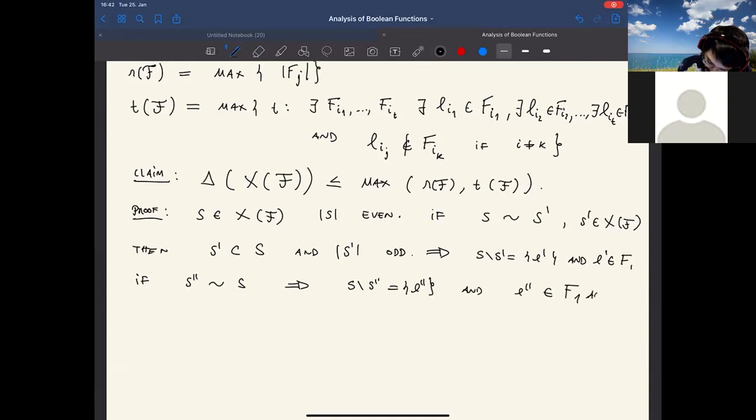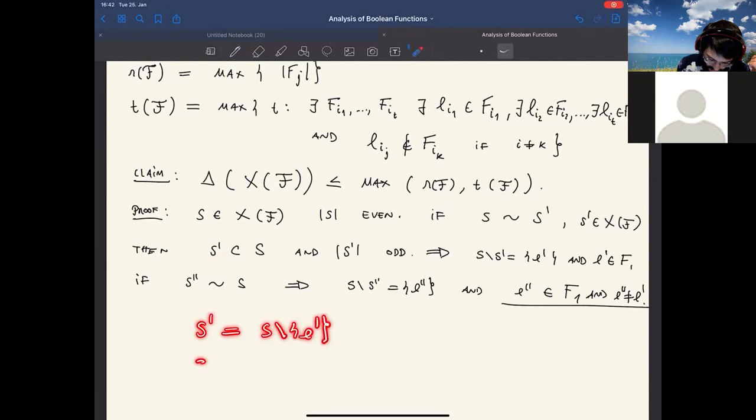Okay, and it must be different from the guy before. Okay, why is this true? Because look, well, first of all, this set here is different. So if this guy is different from this guy, well, S prime is just S minus L prime, and then S2 prime is just S minus L2 prime.